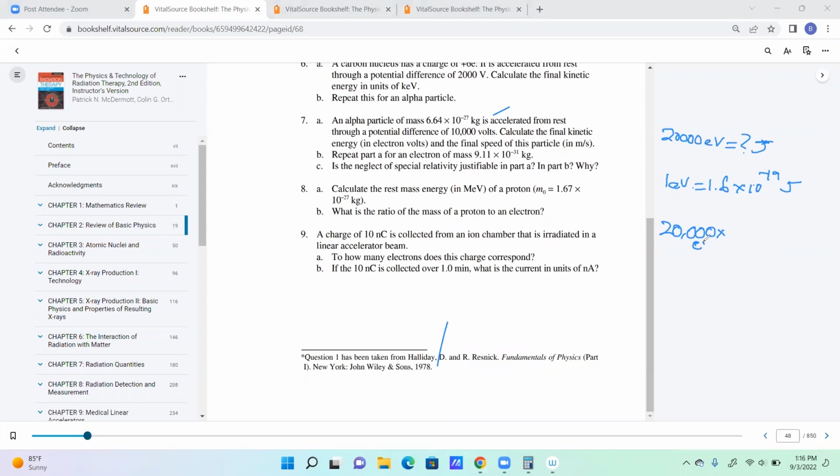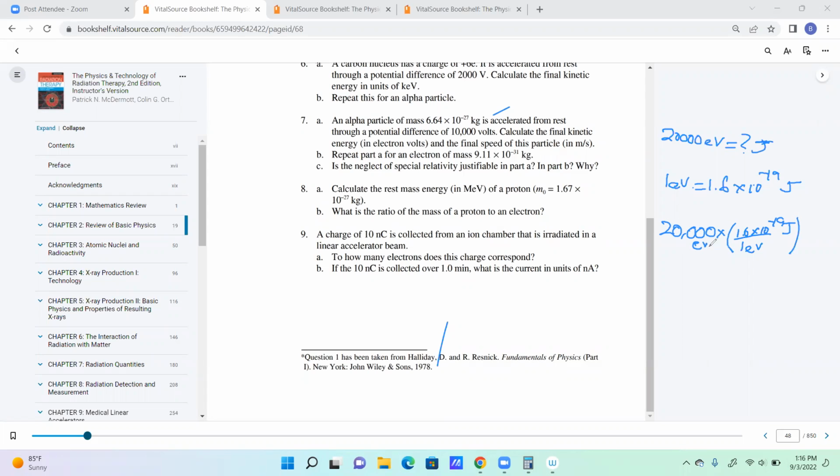We know that this is the number of eVs. So we need to take 1 eV multiplied by 1.6 times 10 to the minus 19th joules.